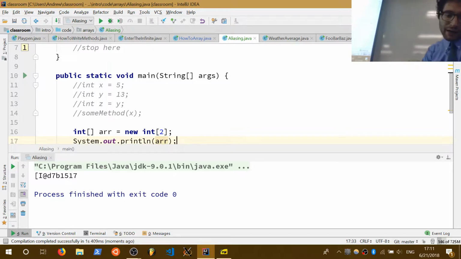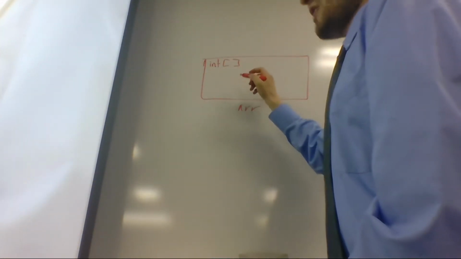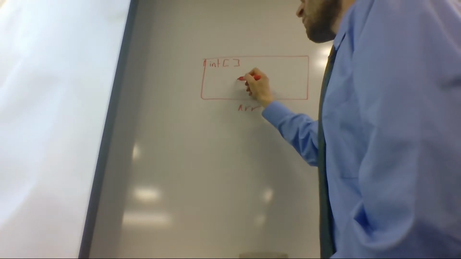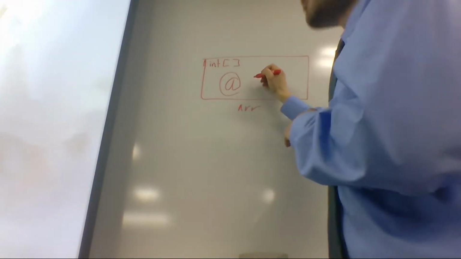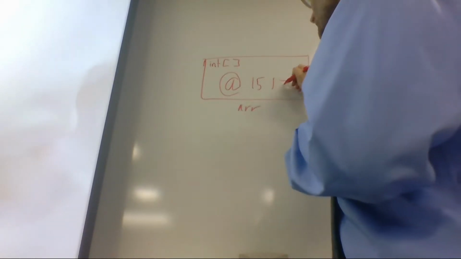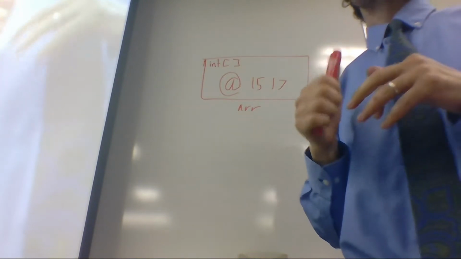I'm going to just shorten that on the board, so we've got an int array over here, and we call it R. And instead of putting in a value over here, I'm just going to shorten it and put @, and then just use the last symbols of it, 1517. This is what we call a memory location.